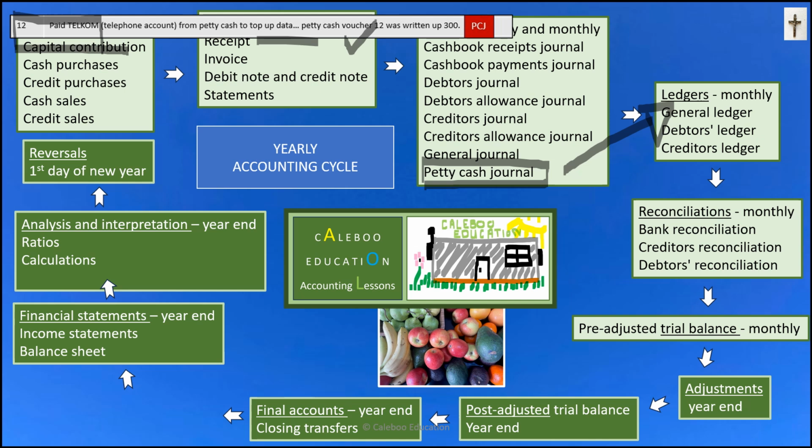These are the types of transactions we will look at. Paid telecom from petty cash. So we're using petty cash. Remember, petty cash is cash that is held on the premises to make small payments. So the bookkeeper or the petty cashier, the person in charge of the petty cash, would have made sure by cashing a check or drawing money from the bank that there's cash on the premises to make small payments.